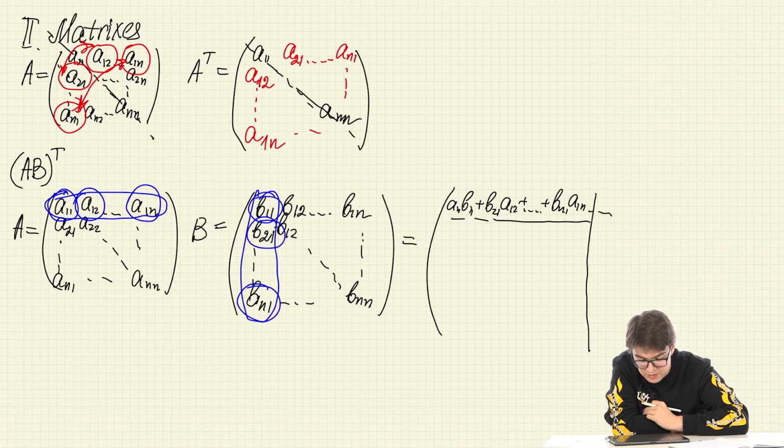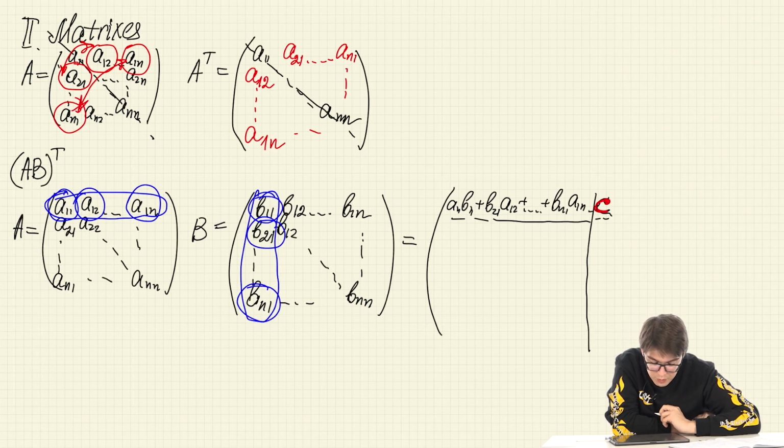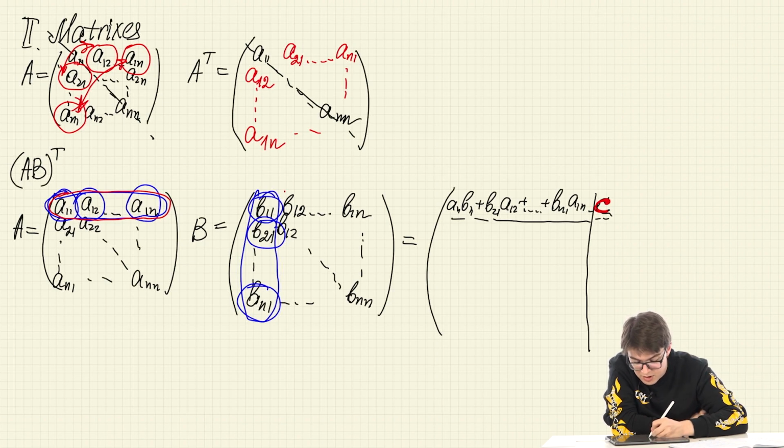Now let's find the second element in a row, and we will call it C. I will write it in red. In order to obtain C, we understand that we should take the first string and the second column.